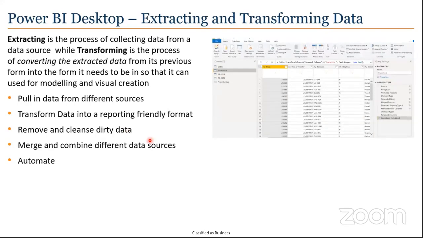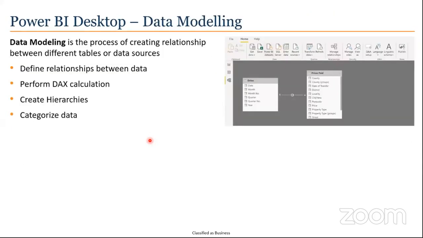Coming to my next slide, data modeling. As I said, all the cleaning activities we will perform in the query editor, which is in the transformation tab. And if we are pulling the data from multiple data sources or multiple tables, we will give some relationships between one table and another table. For example, take this date table and price paid table.